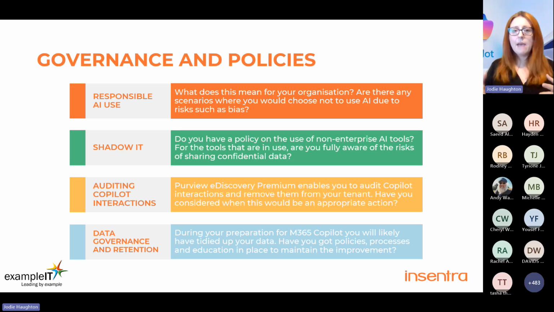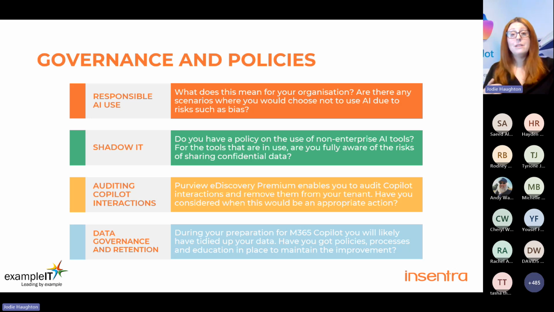Now, that is quite a heavy-handed approach, and we don't want to turn into Big Brother looking at everybody's Copilot interactions, because that's just going to erode trust. So we need to have a serious conversation about when that course of action is actually warranted and reasonable within your organisation. And we need to think about data governance and retention.